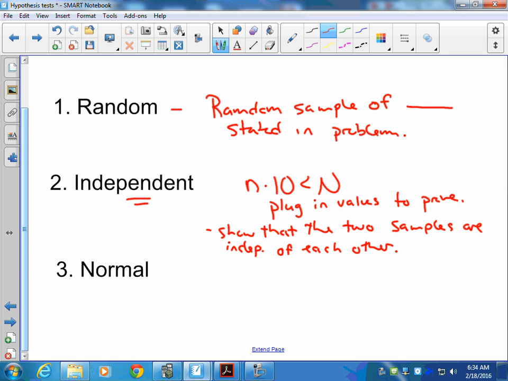A lot of times it's stated in the problem, two independent samples. When you're looking at that two-sample situation, you have to be able to understand and define that they're independent, because if they are dependent samples, we actually have to do a different procedure. Okay, and we'll talk about that procedure in the next lesson.